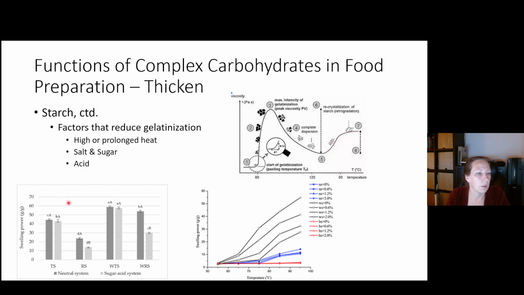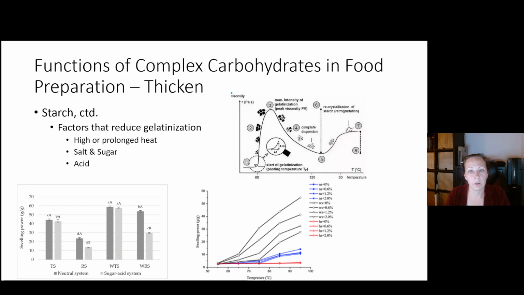Okay, so with the tapioca starch, there's really no effect of salt and sugar. It's pretty immune to that, whether it's the waxy or the regular starch. But the rice starch, if you put that rice starch in a sugar acid system, it now has much lower swelling power.